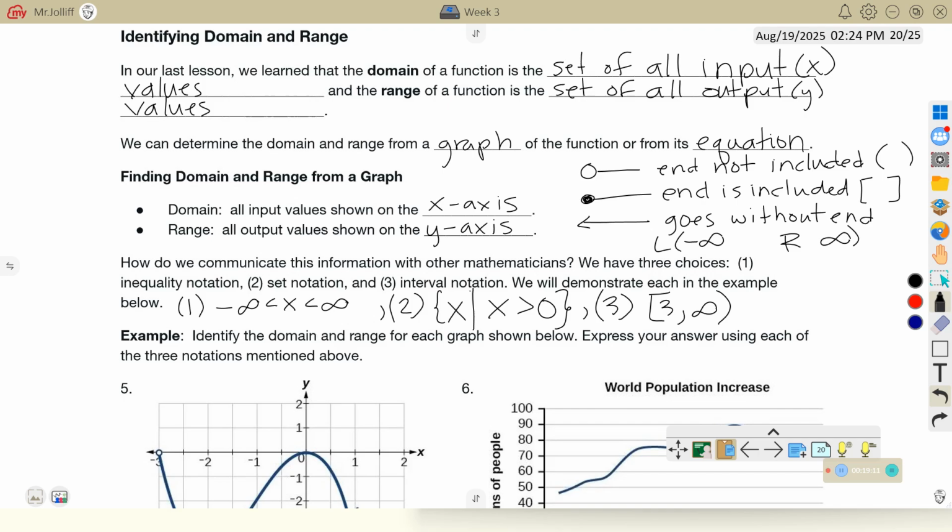So you have to very clearly label the interval notation as domain or range, so we know whether it applies to the x or the y. So this one you have to be careful with labeling. This is the one I'm going to stick with the most, because it was the most common when I took pre-cal and calculus. Okay, we're going to practice identifying from graph first and then from equations.